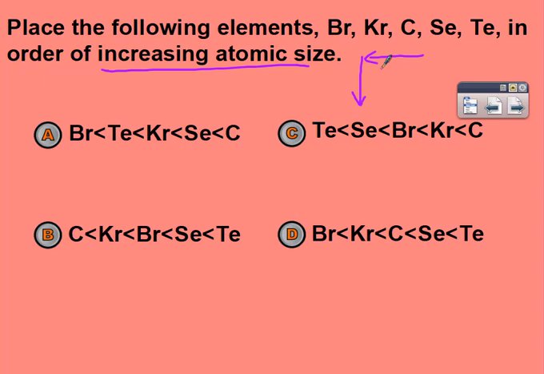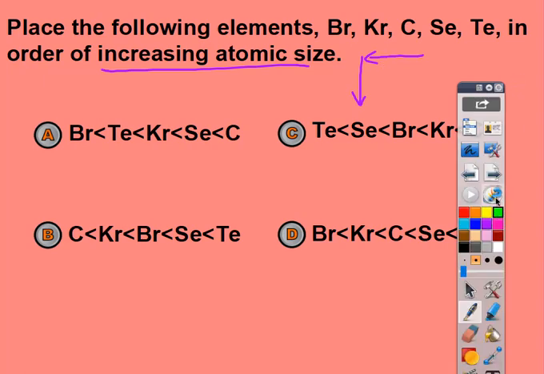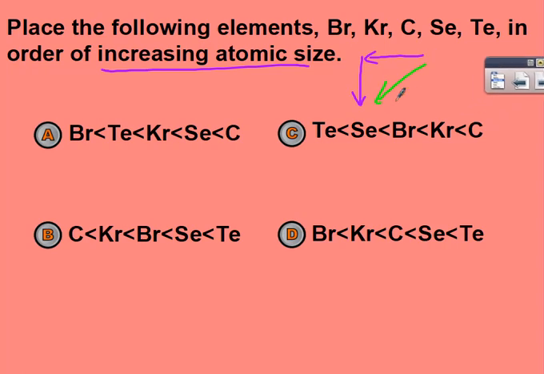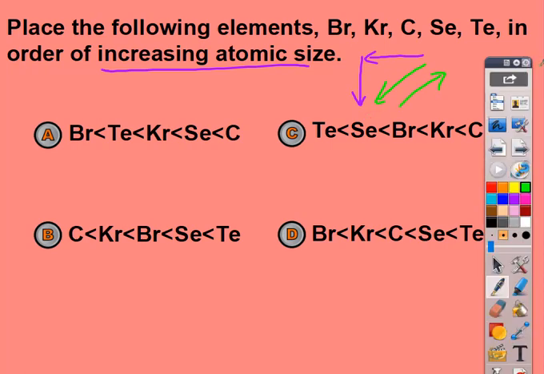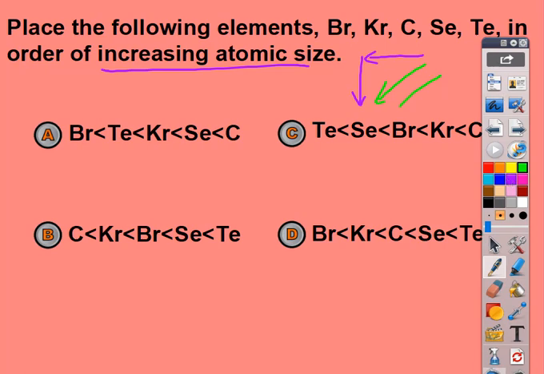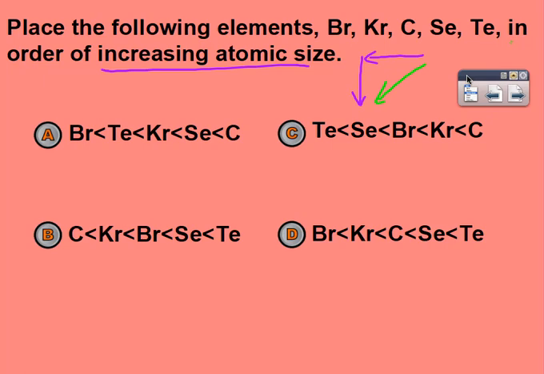So left and down, and I want increasing atomic radius, which means I should be going left and down. If it said decreasing atomic radius, then I would go the opposite way. So find those elements and place them in order. Restart when you have the answer.